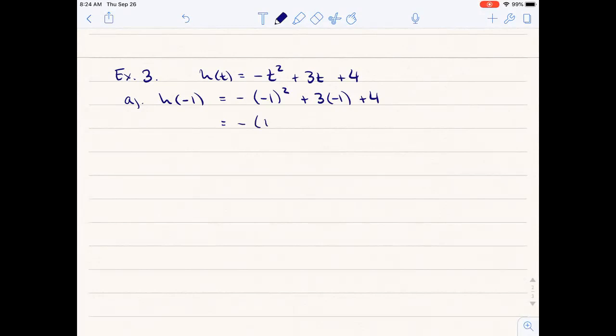So we've got -1 plus -3 plus 4, which if we simplify is -1 minus 3 plus 4. That's 0.